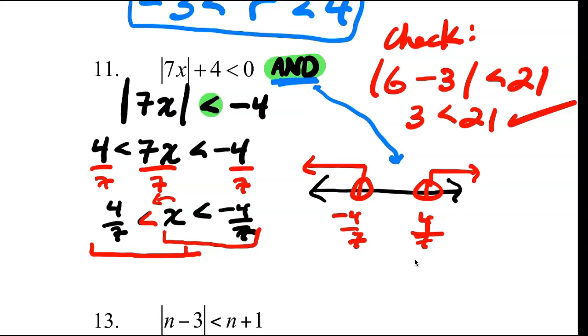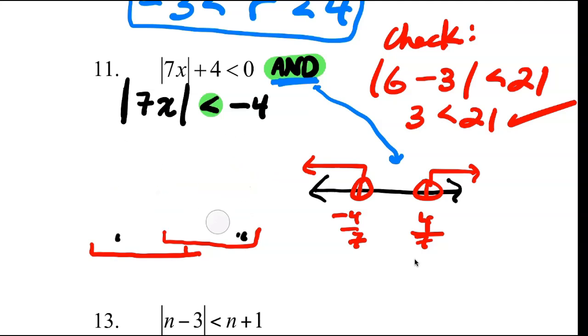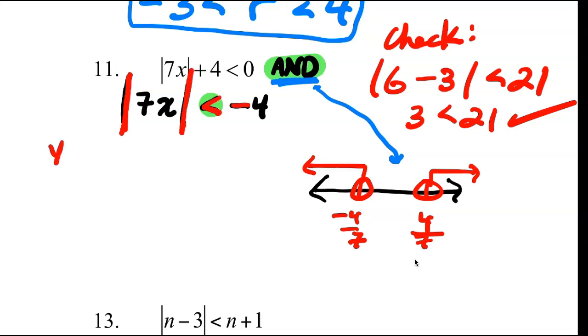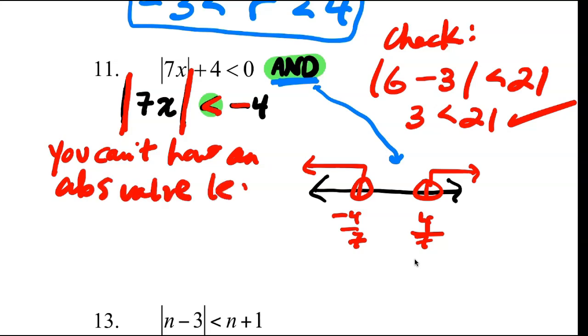Well, if we go all the way back to this step right here, maybe you noticed before and you're like, what's Mr. Eicher doing? You should have stopped right here. You have an absolute value that's less than a negative number. You can't have an absolute value less than a negative.